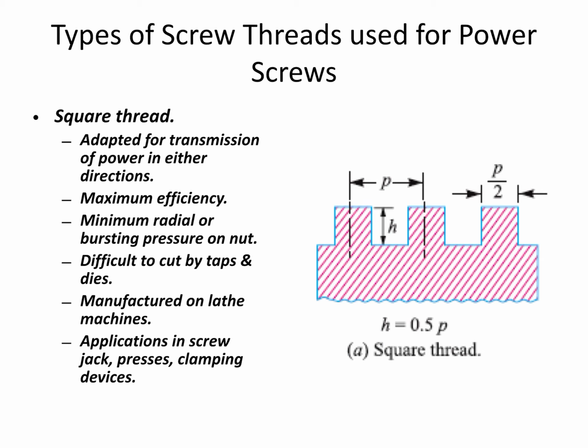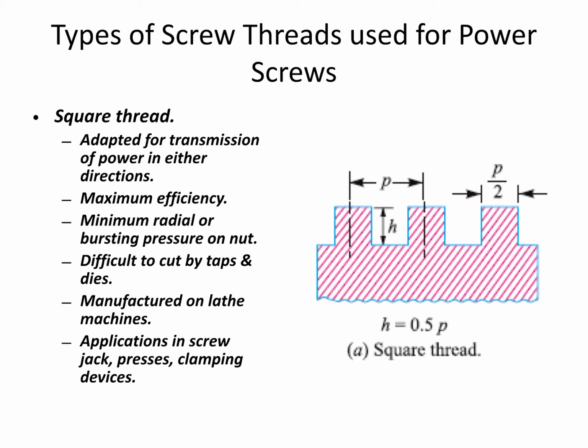And apart from that, as you can see, there are perfect vertical walls. These threads are comparatively weaker in shear, so there are chances of shearing failure. This type of screw is generally used in screw jacks, presses, clamping devices like that.